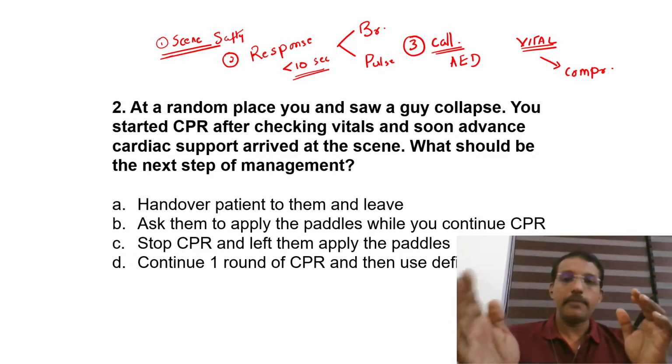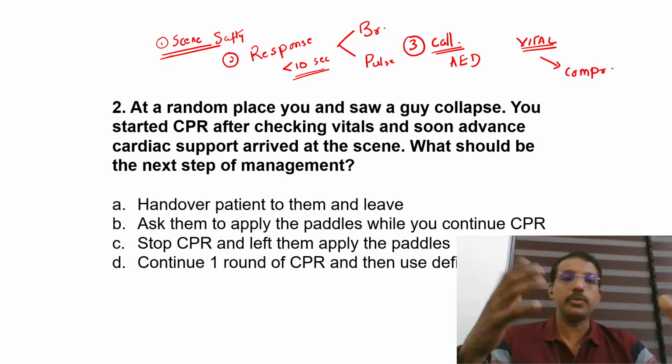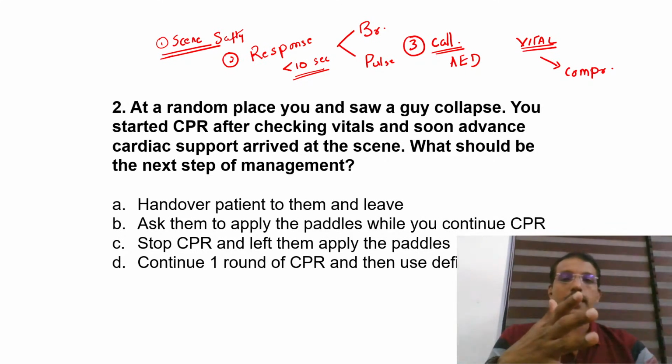Now, they have told you that in a random place you see somebody who collapses, you check for the response and you see there is no response, then you call for help, and then on the scene you start compressions.